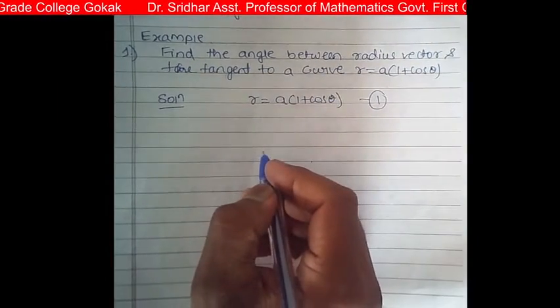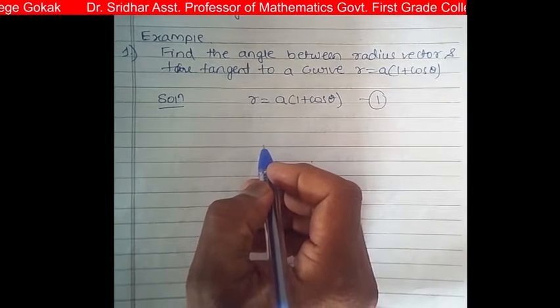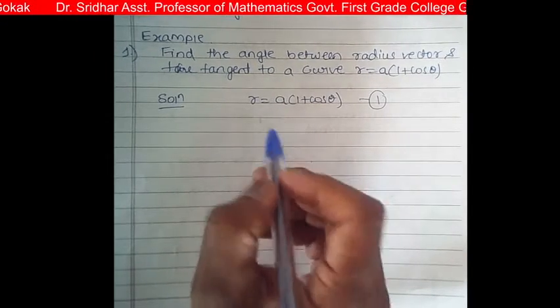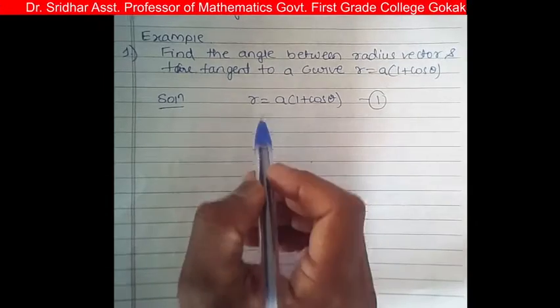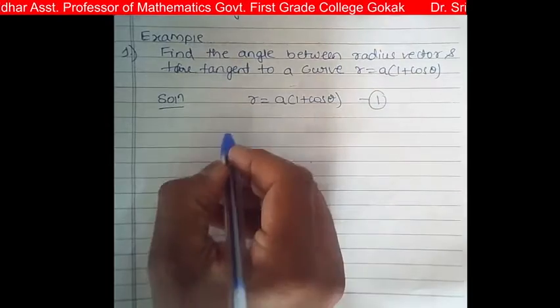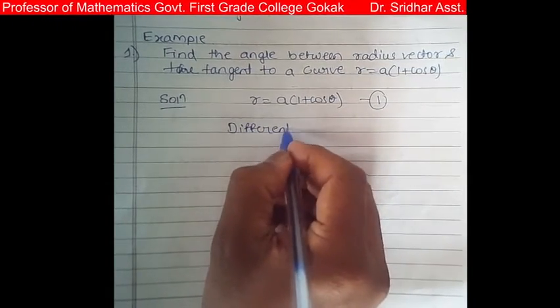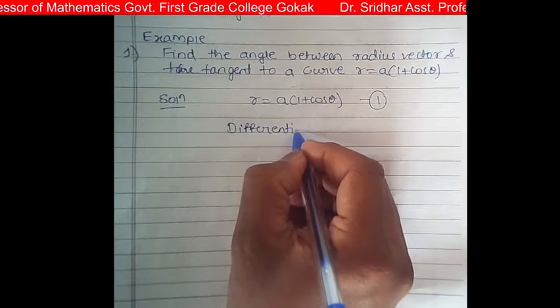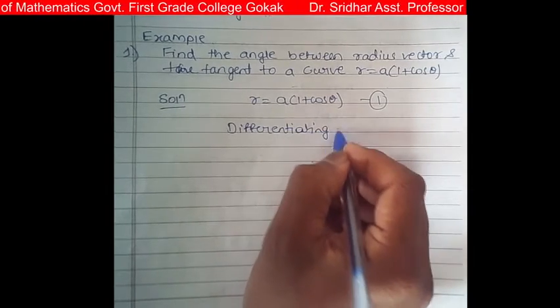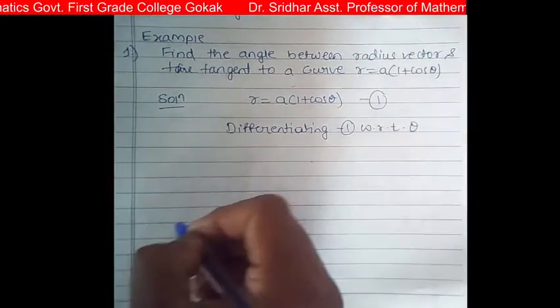Now we have to find the angle between the radius vector and the tangent. It is given by tan phi is equal to r into d theta by dr. To find d theta by dr, we differentiate equation 1 with respect to theta.